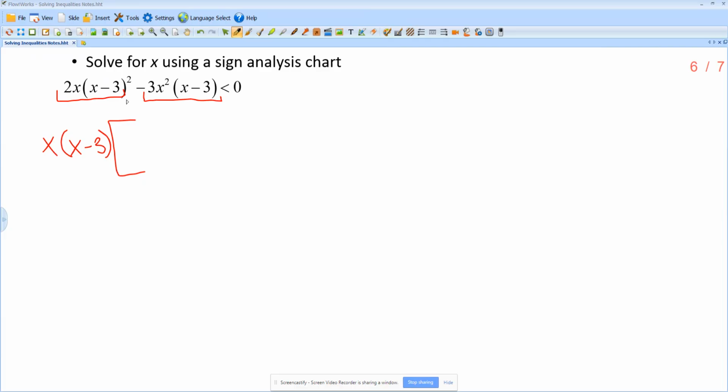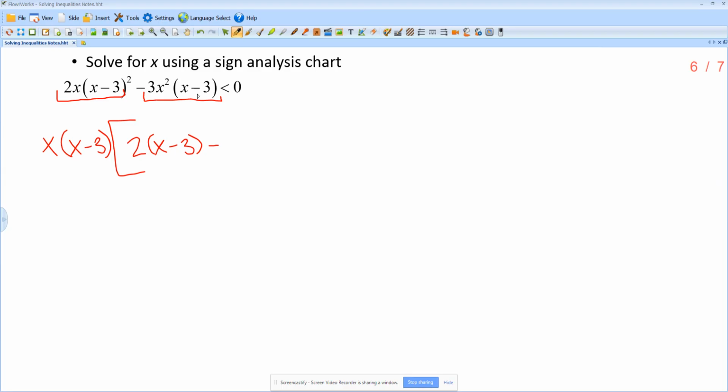What I'm going to put is what I would be left over with from each term if I took this out. So if I take x out of 2x, I'm left with 2. If I take x minus 3 out of x minus 3 squared, I'd be left with an x minus 3. Bring down this minus.